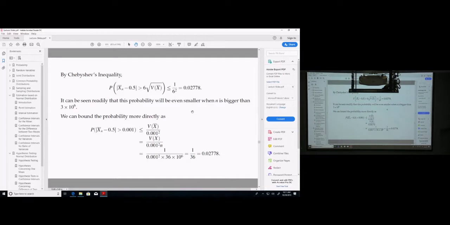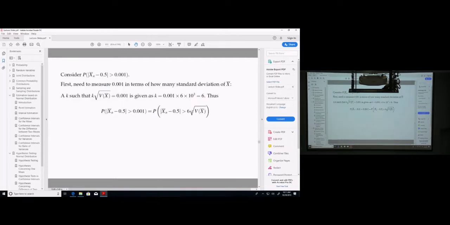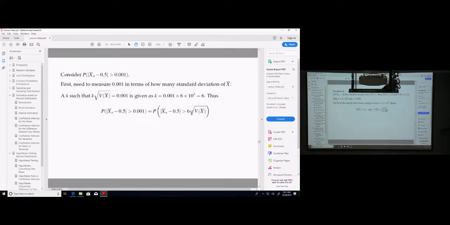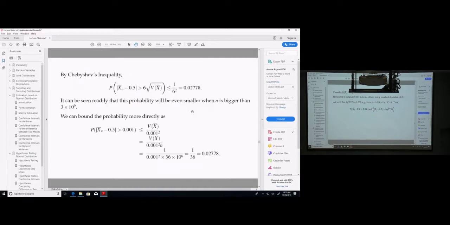If you have such a large sample size, here it is 3 million, it's really, really huge by any means of judgment. But if you are doing it on the computer, this is not too big. It probably takes just a split second to do that.